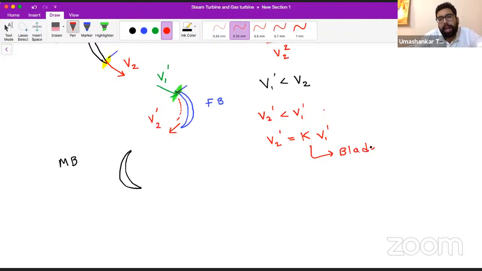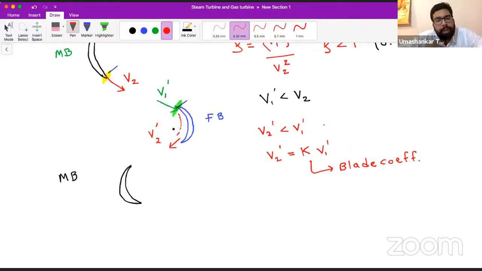So in the fixed blade also, there will be some loss of velocity due to the flow of the steam. In practical working conditions, things are not ideal, which is why we are putting these coefficients over here. There will be some loss of velocity in the fixed blade part also, but that is not much, as we have seen yesterday. The value of k is nearby 0.9, 0.95, somewhat like that only.